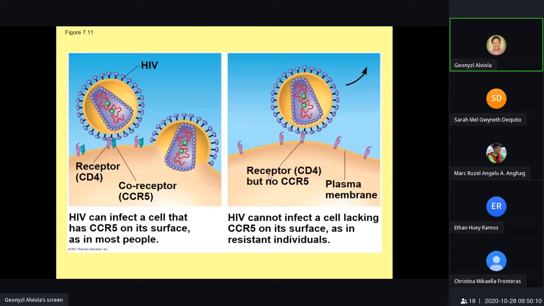Kasi ang receptor ng CCR5 and receptor CD4 nagkaroon ng affinity kay parang pwede ma-attract, nakadikit, so na attraction, so na affinity, acceptable.